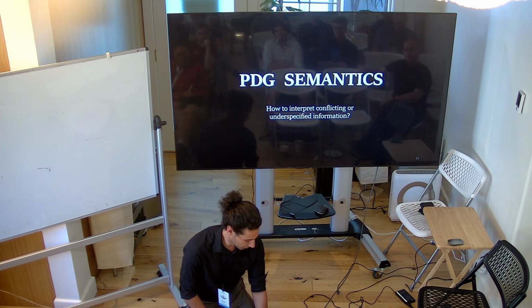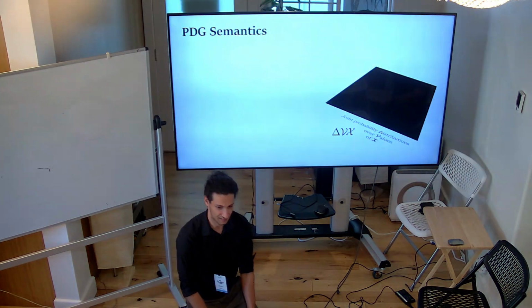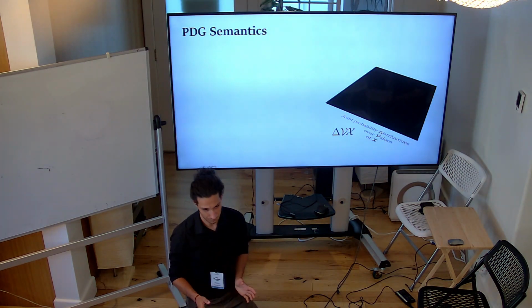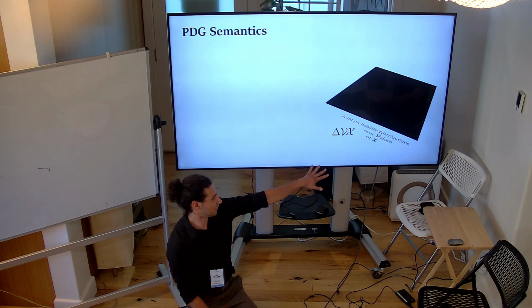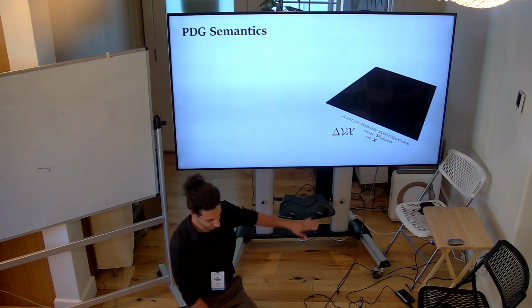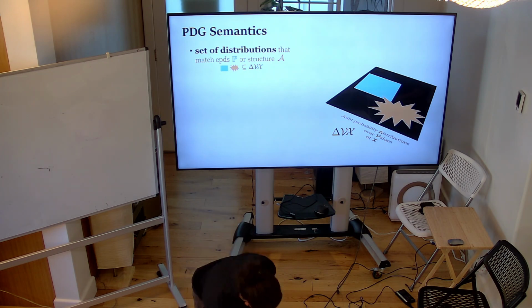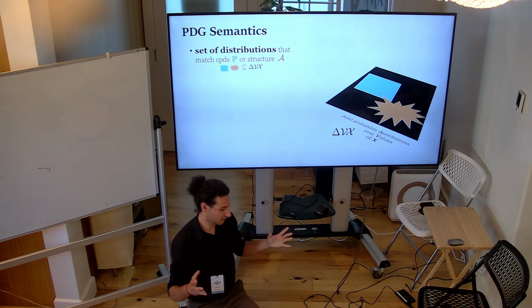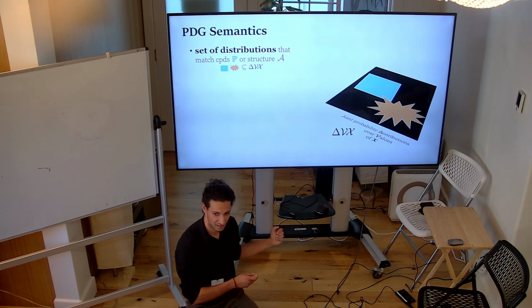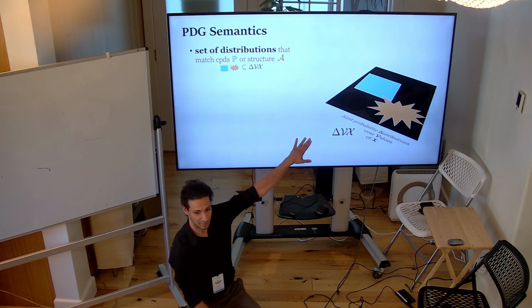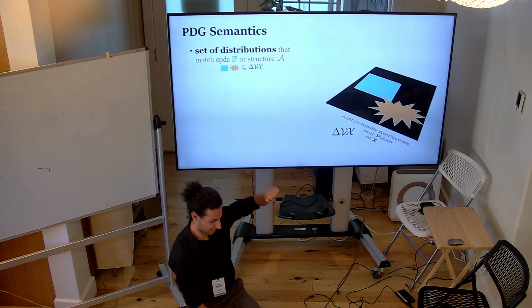So graphical models have semantics in terms of joint distributions over all the variables. So this space will be the set of distributions over the values of all the variables x. So one thing you could imagine doing is you could take all the distributions that match the structure, the probabilities you gave. This is some set that happens to be convex, so I drew it as a square. You could also take a set of distributions that match the independencies.